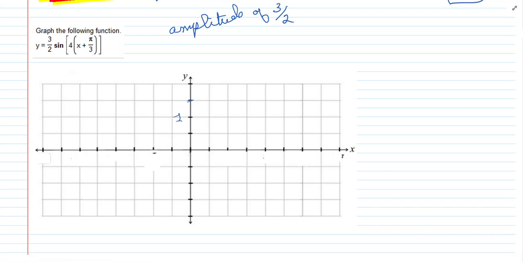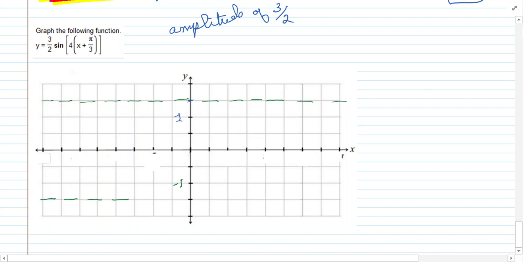So, because I don't have any phase shift. All right. And then I have a phase shift.